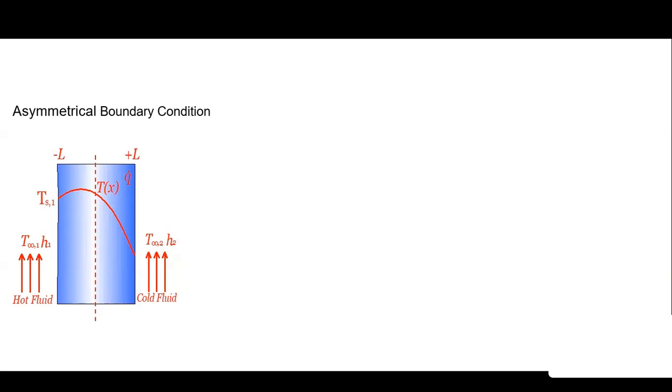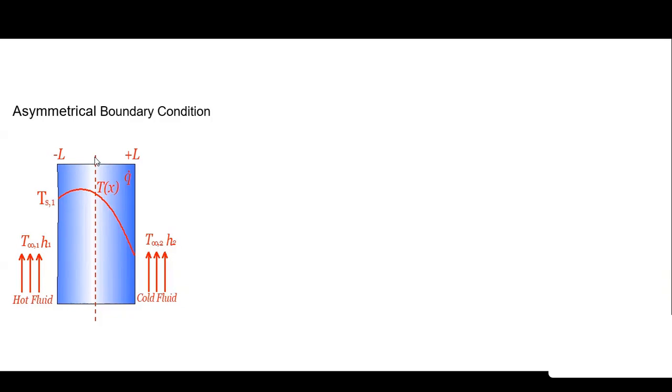Now let us see some of the boundary conditions. Let's take a review of the boundary conditions considering a plane wall. We've already seen this. Yes, I'm revising the things. It is possible to have an asymmetrical boundary condition. Asymmetrical boundary condition means on both sides there are different fluids with different temperatures, T infinity 1 and T infinity 2, and different heat transfer coefficients.